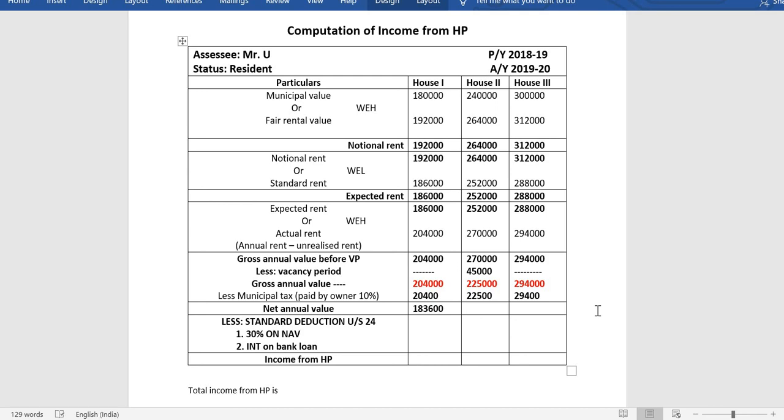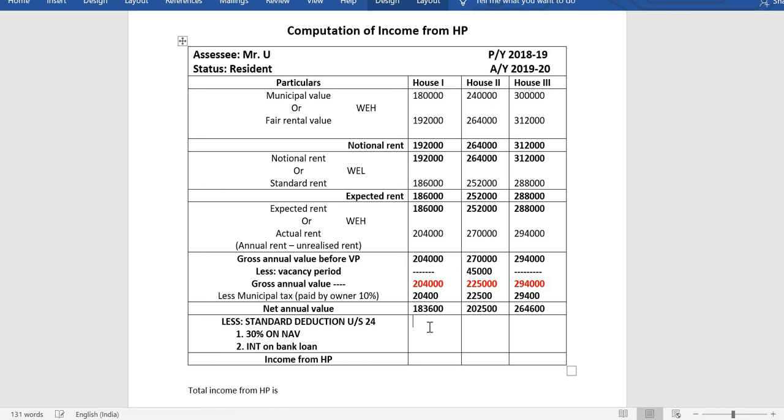For house 2, the net annual value is 2,02,500, and for house 3, 2,64,600. How are we getting this net annual value? From the gross annual value, you are deducting tax. That's why we got the net annual value.